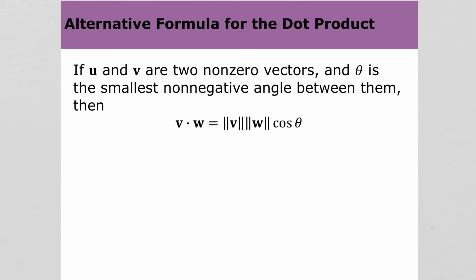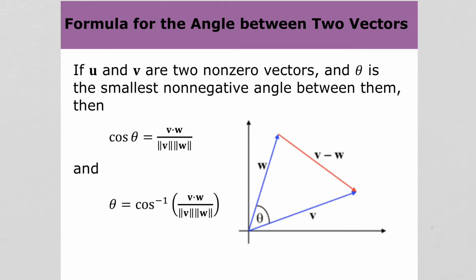An alternative formula for the dot product that'll be useful to us is the magnitude of V times the magnitude of W times the cosine of theta. That'll be useful in some cases. In my picture I've got V and W, but that's okay.